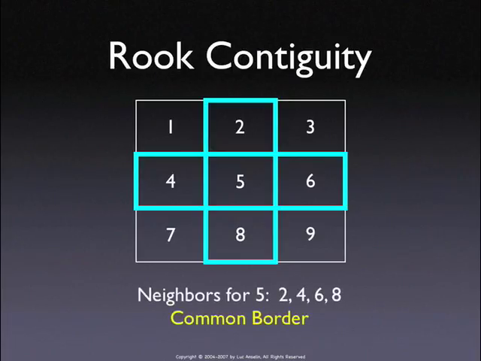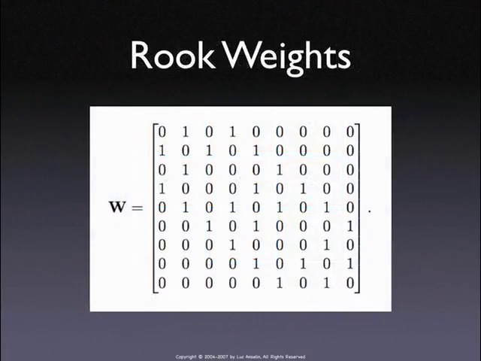This is how it looks when you fill out the ones and the zeros. The one that we need to focus on is the one in the middle. That is 5. And you see 5 has 4 ones in it, 4 neighbors. And the other ones, none of them have 4 neighbors because they all suffer from edge effects. The ones at the corners have 2 neighbors, and the ones in the middle have 3 neighbors.